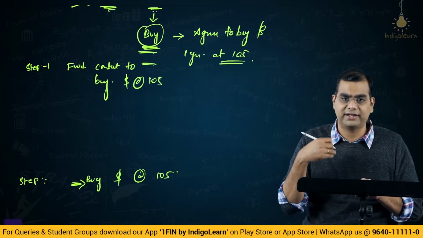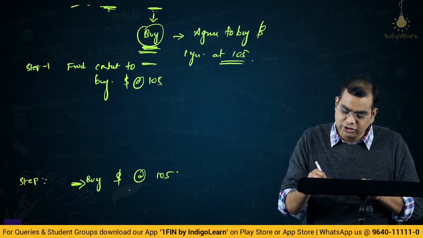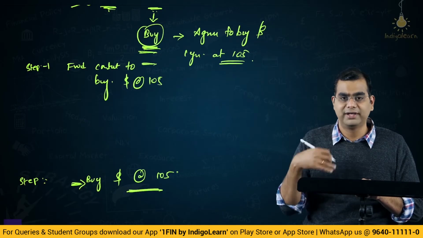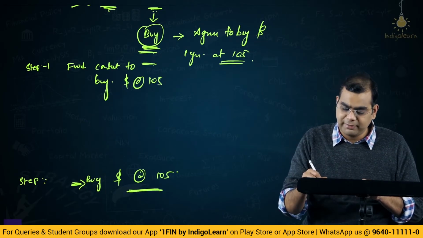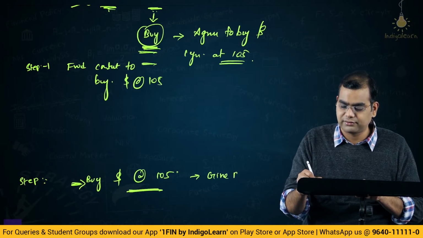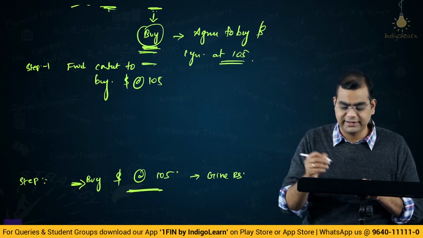Because I said whatever is cheap has to be purchased. So, you are agreeing to buy dollars. If you are agreeing to buy dollars, what does it mean? You will give in exchange rupees, right? Buy dollars and give rupees.